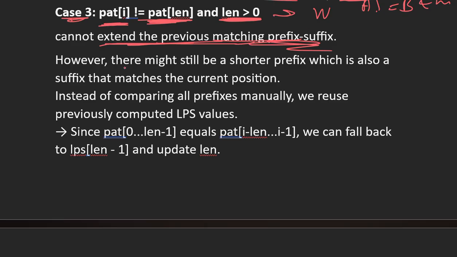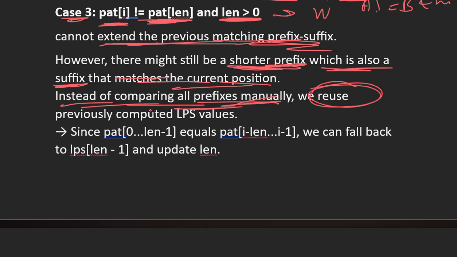There might be a possibility that some shorter prefix which is also a suffix matches the current position. It may be possible, we won't be sure. So instead of comparing all the prefixes manually, we reuse previously computed LPS values, since pattern of 0 to length minus 1 equals pattern of I minus length to I minus 1, right?